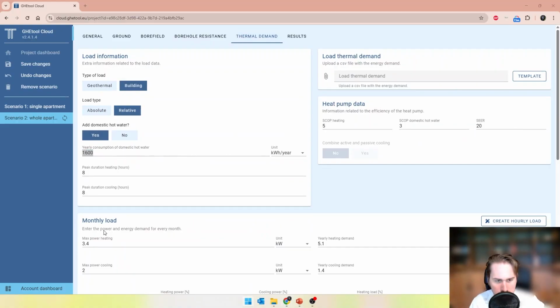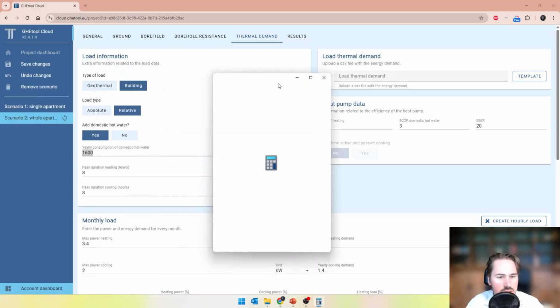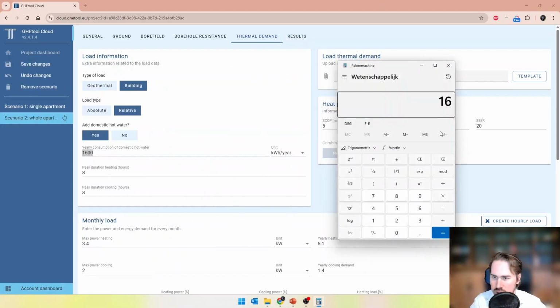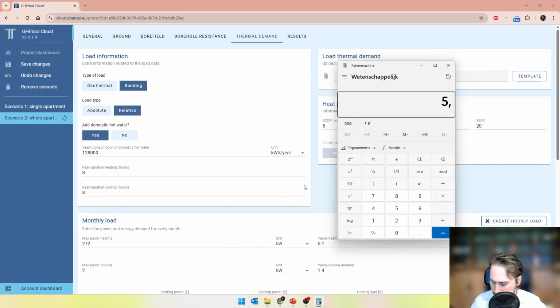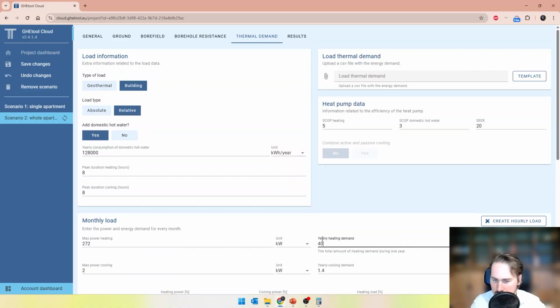So let me open up my calculator. We have 1,600 times 80, which is 128,000. For peak power, I know that by heart, it's 272. 5.1 times 80, it's 408.